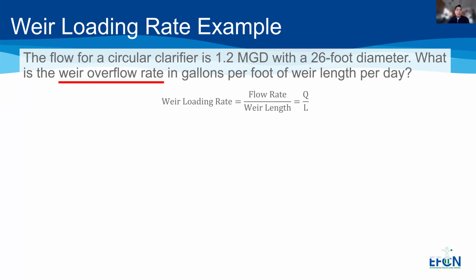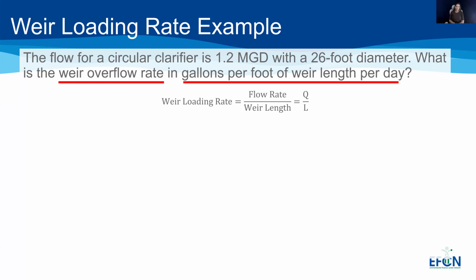But because we're learning to approach this by remembering keywords and understanding what the question is asking for, we understand that the weir overflow rate and the weir loading rate are the same thing. So based on that, we decide to use our formula for the weir loading rate. And then it asks for it in gallons per foot of weir length per day.